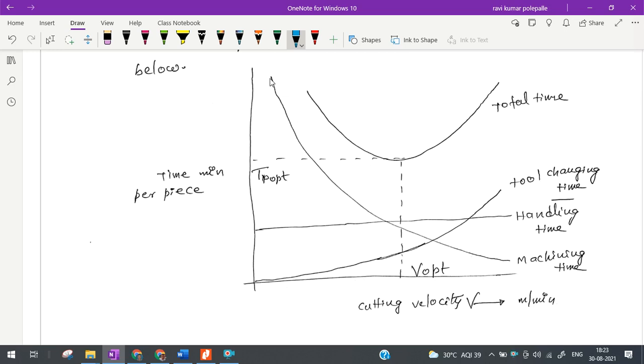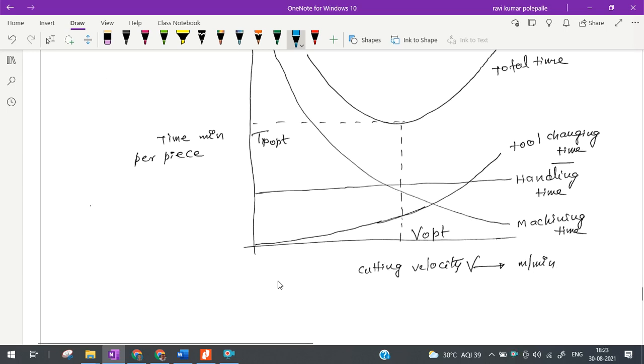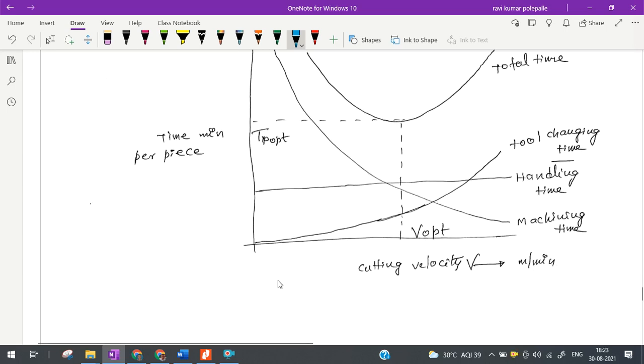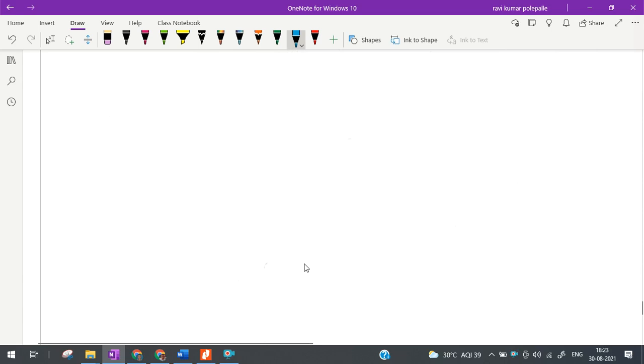Similar to the previous case, we get the machining time reducing as cutting speed increases. However, the tool changing time is also going to increase, and we don't find another line as in the previous case. That is a term connected with the tool cost. We don't bother about the tool cost, right?